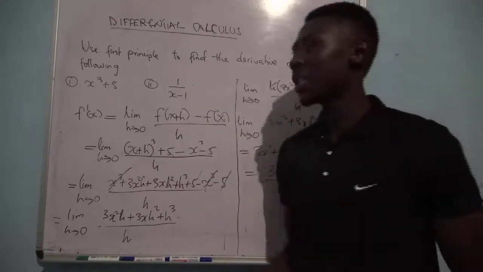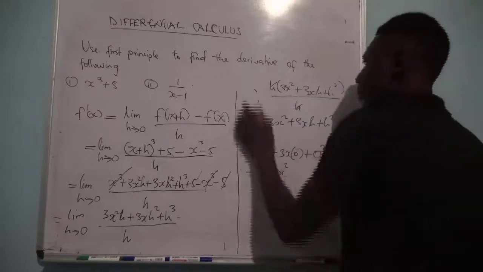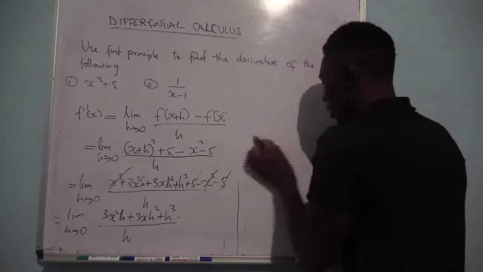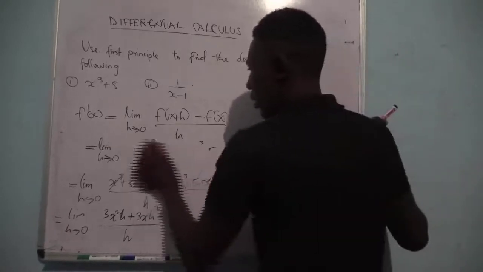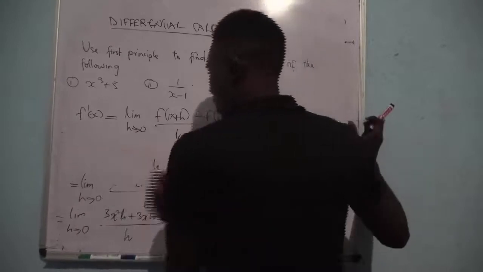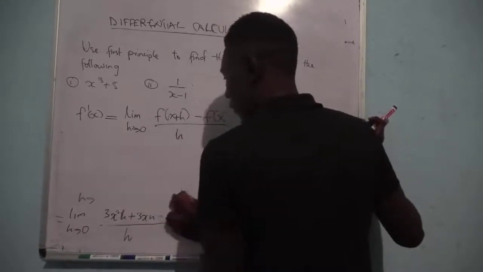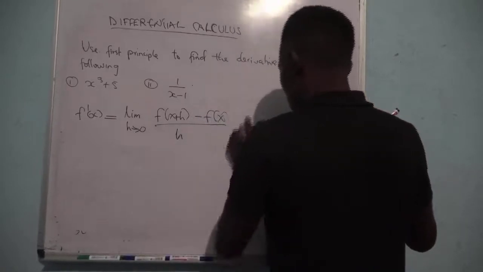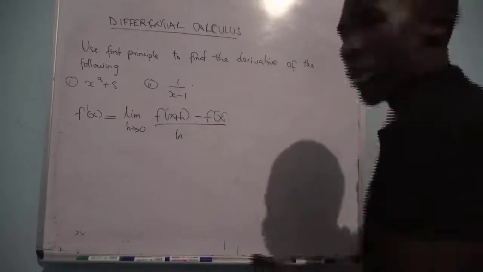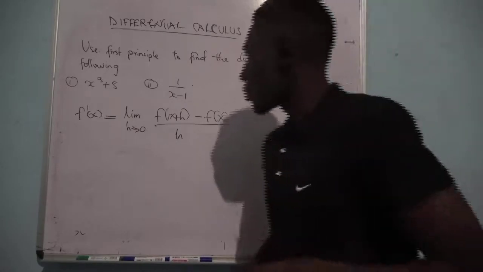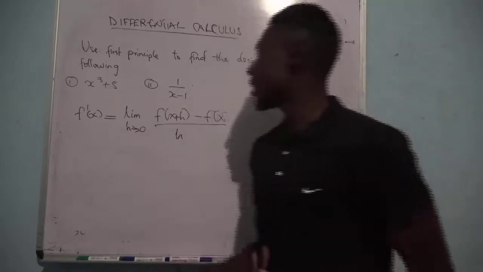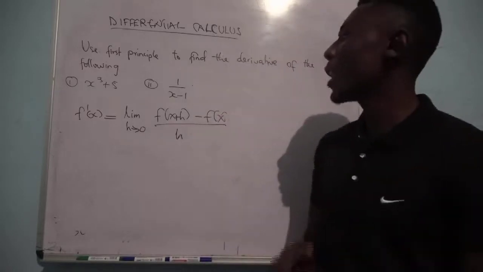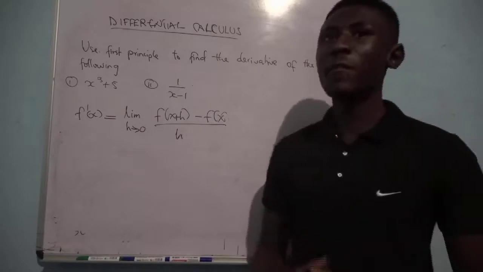Now we'll go to the next problem. So now I have the second function, which is 1 over x minus 1, which I'm also supposed to find its gradient using the first principle.